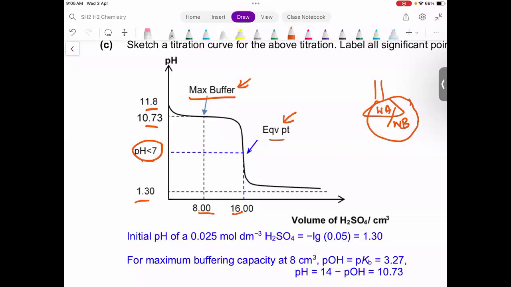If you write it there, it doesn't matter. It has to be from 0, but if not, then this cannot be the initial pH. The 1.3 has to be at 0 volume. Okay, any other question?